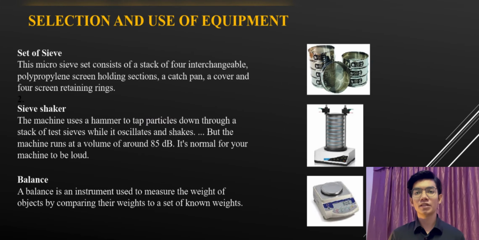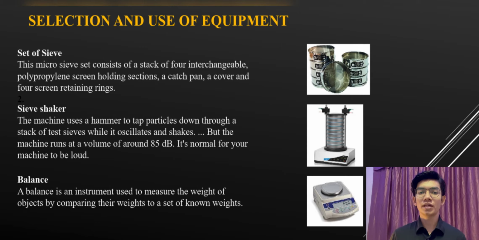Here we have some selection of equipment used. Firstly is the set of sieves. This micro sieve set consists of a stack of untouchable polypropylene screen-holding sections, a catch pan, a cover and 4 screen retaining rings. Next, we have the sieve shaker.